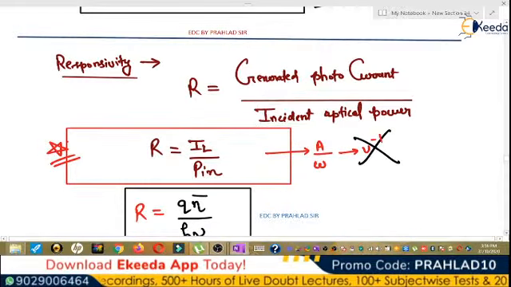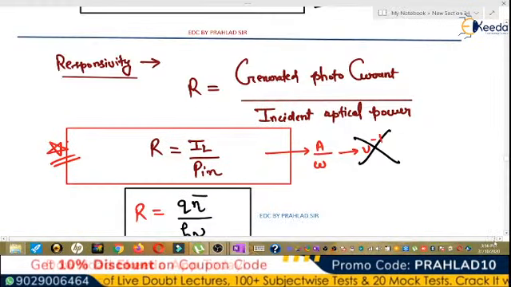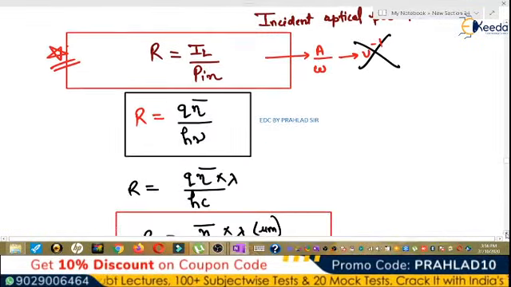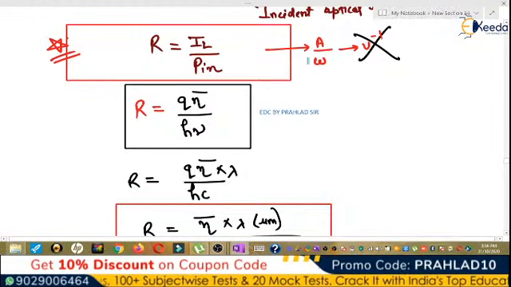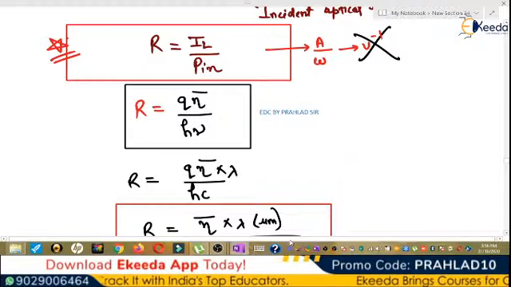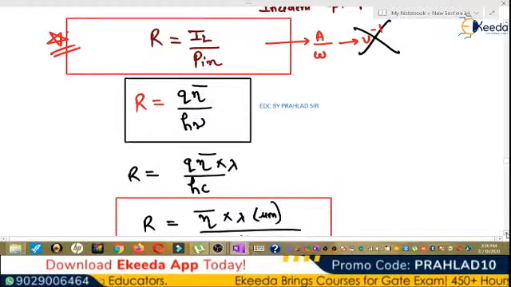The responsivity is defined as generated photocurrent by incident optical power, it is IL by Pin. Its unit is ampere per watt, and this value is Q into eta bar over h nu. So nu is c by lambda, so Q into eta bar upon hc by lambda.